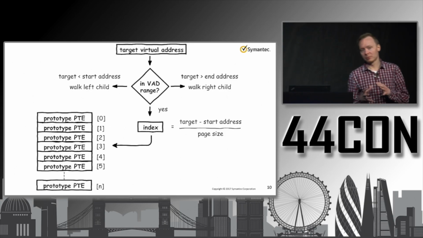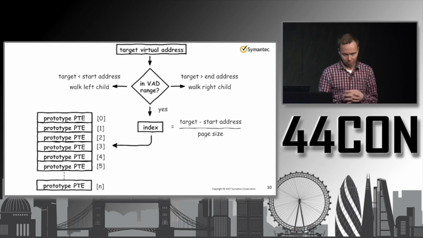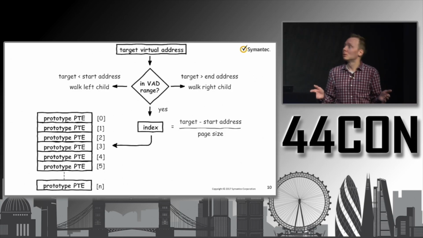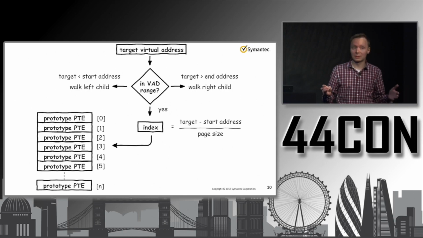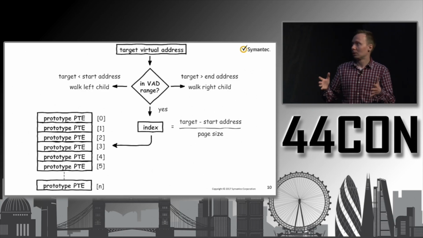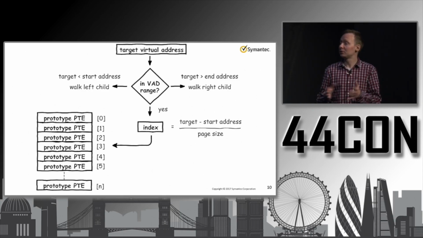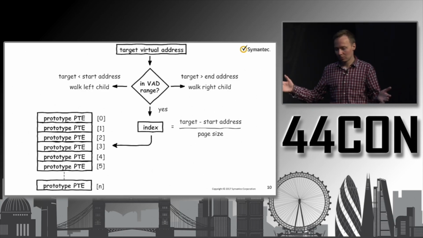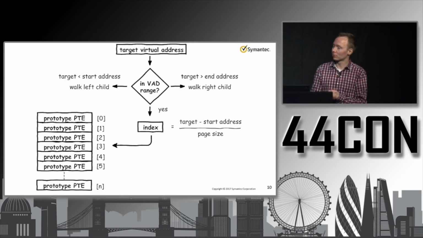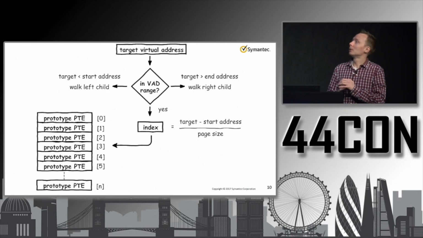And basically, each of the VADs will typically describe something like an entire DLL, for instance, which means that each node in this tree would typically contain information about multiple physical pages, because most DLLs are larger than 4K bytes.